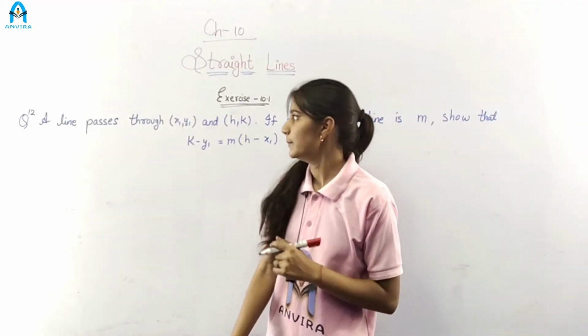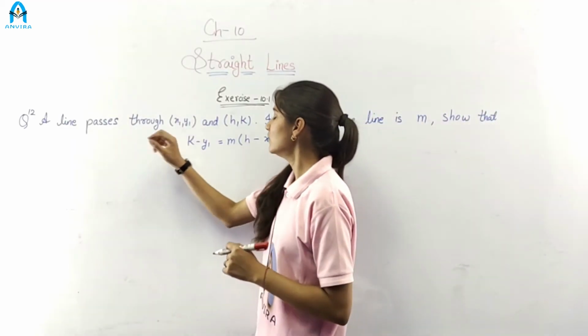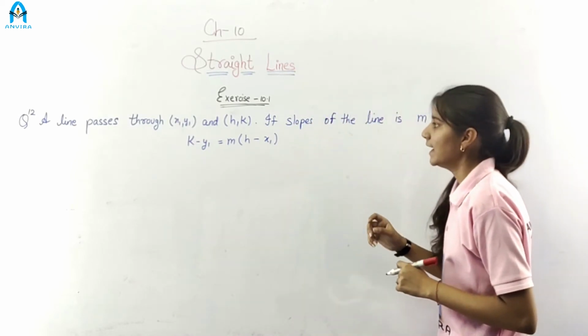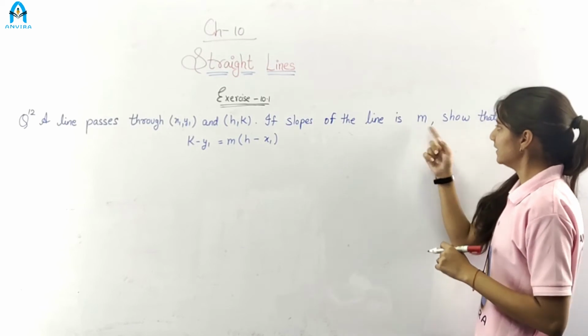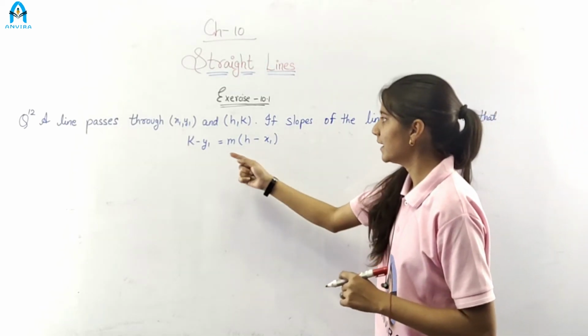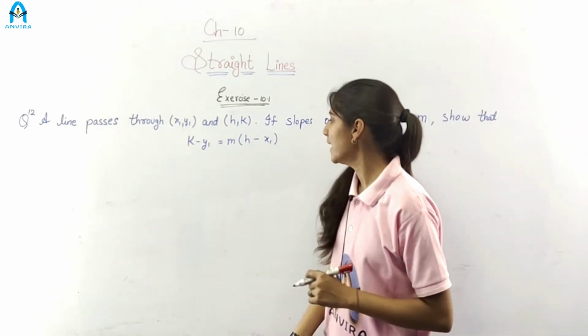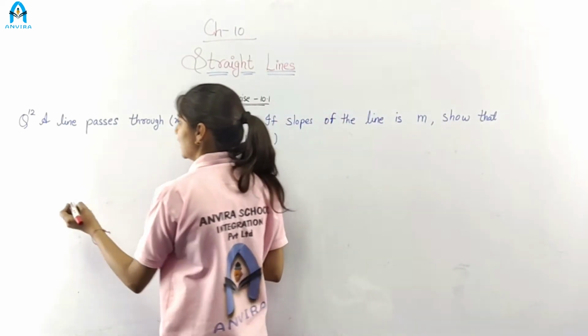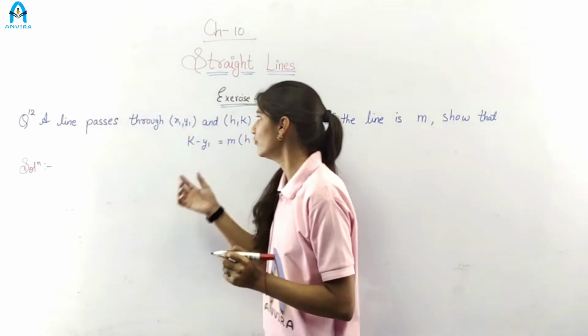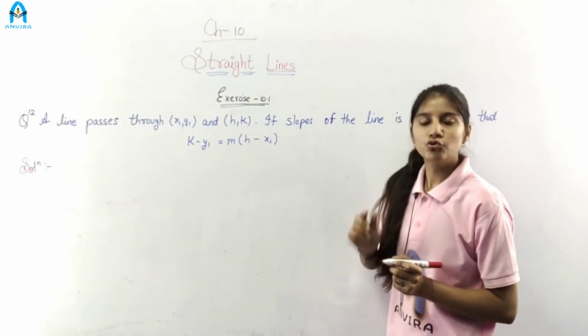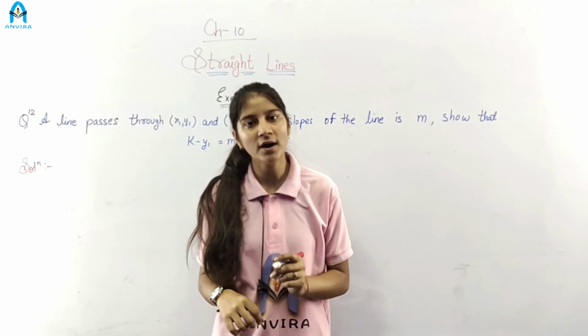Now the question number 12. A line passes through x1, y1 and h, k. If the slope of the line is m, show that k minus y1 is equal to m times h minus x1. Then how can we find this condition? As we know, we have been given the slope. So what is the formula of our slope?